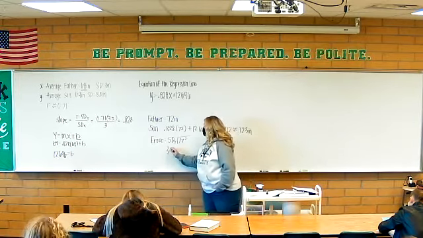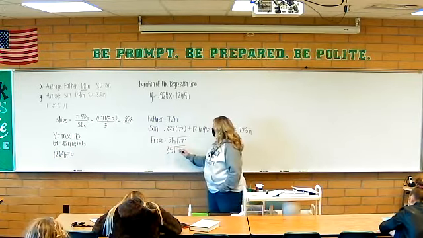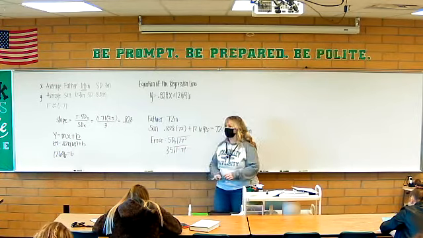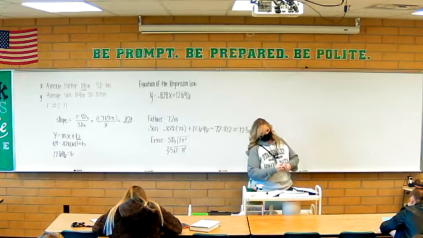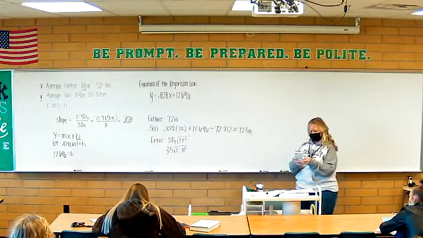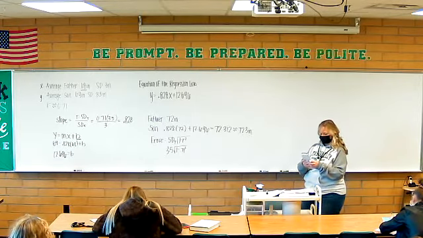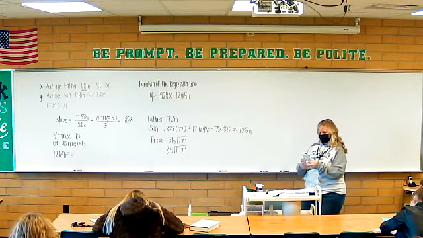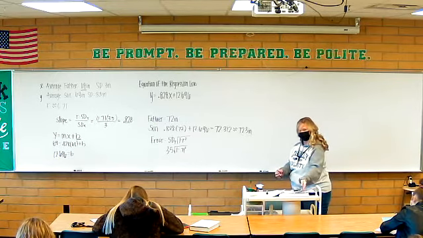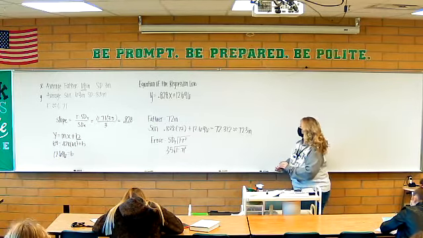So it's 3.5 times the square root of 1 minus 0.71 squared. This will be our new give or take. Did you get 2.46? Okay, cool.